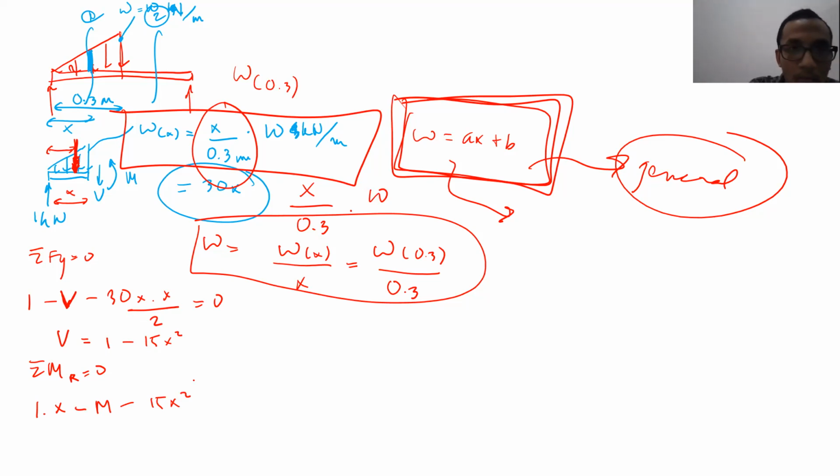Okay. The concentrated force, then 15x squared is already with the distance. Or wait, not yet.